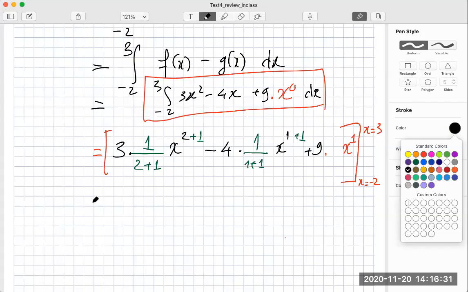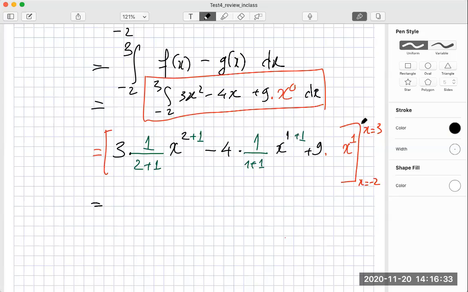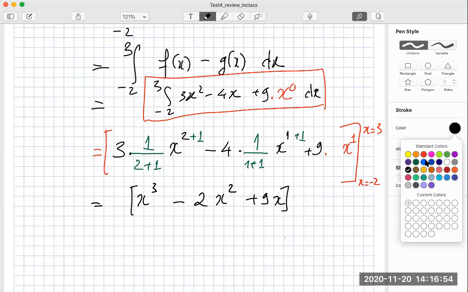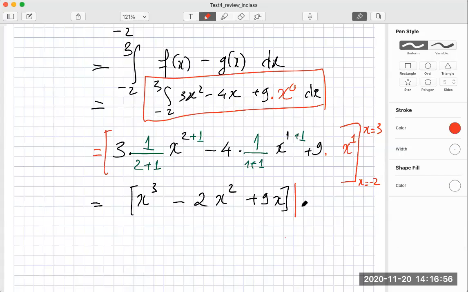So we evaluate this function at the upper limit first. But before doing this, let us simplify it. 3 divided by 3 gives us 1. This becomes x cubed. Minus 4 divided by 2 gives us 2x squared plus 9x. Okay, this is the simplified one.